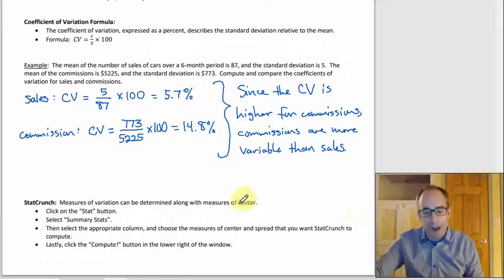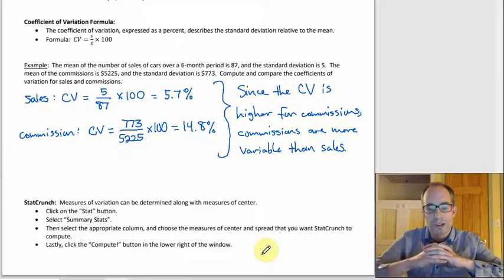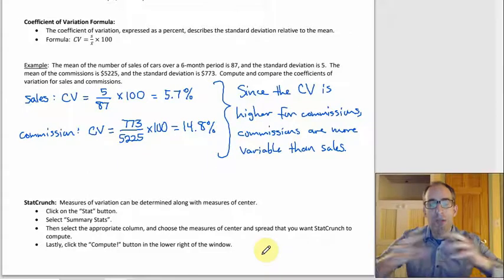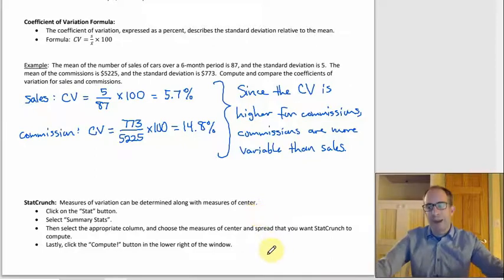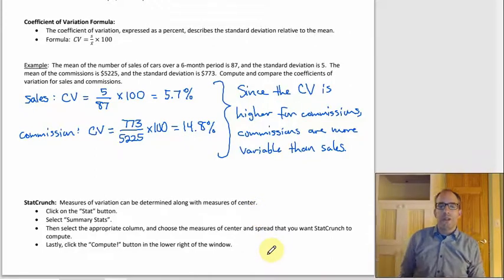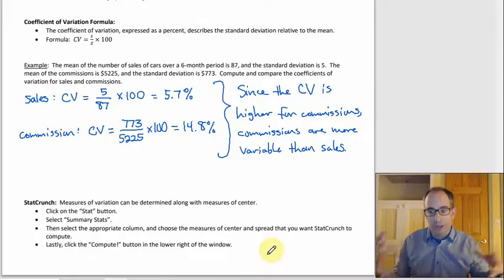And then at the very bottom, it's how you can get the measures of variation in StatCrunch. If you look at this, it's identical to how you get the measures of center. It's the exact same steps because the measures of variation or spread that you may want will show up within the default setting.